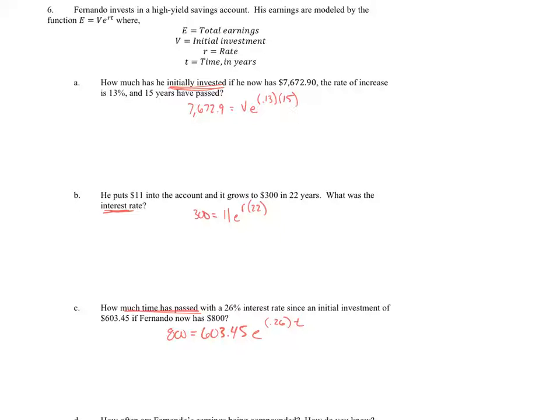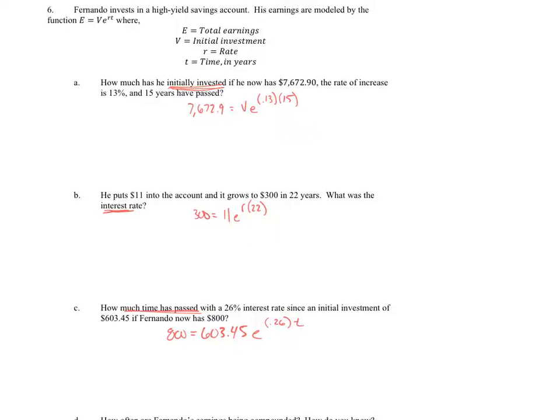So the unique thing about this problem is that when you solve for rate and we're dealing with continuously compounded interest, it's exactly like solving for T. That's not true if we're dealing with regular growth and decay or compounded interest of some other amount. But in this particular case, solving for T is going to be just like solving for R. The steps are going to be exactly the same.